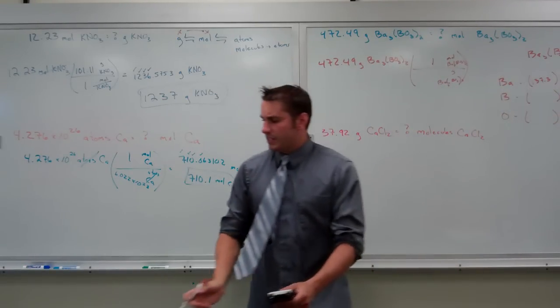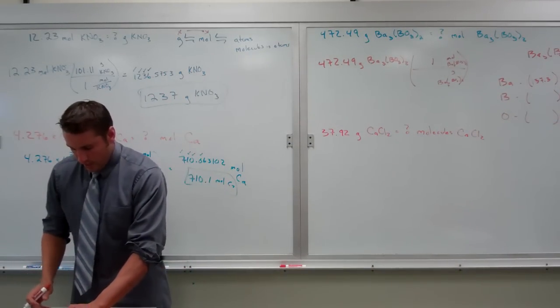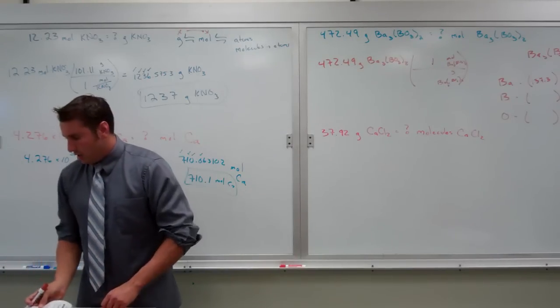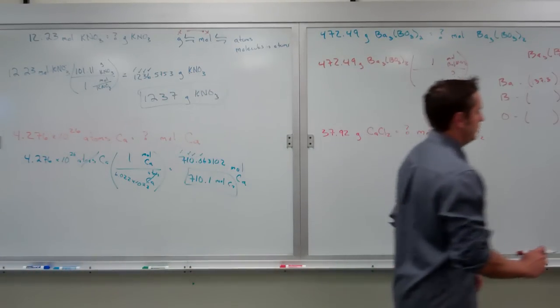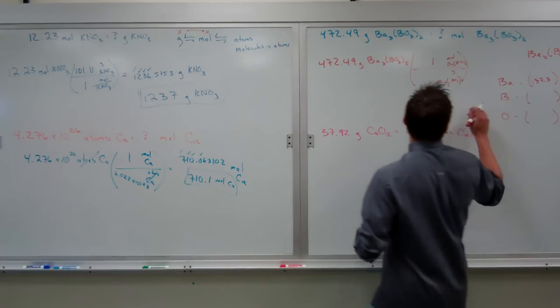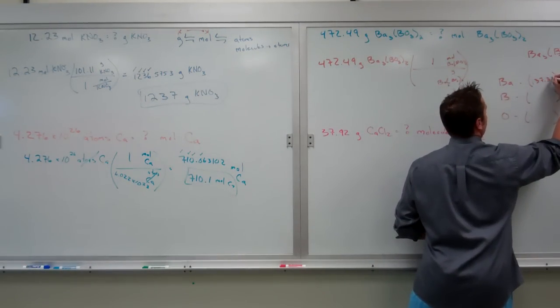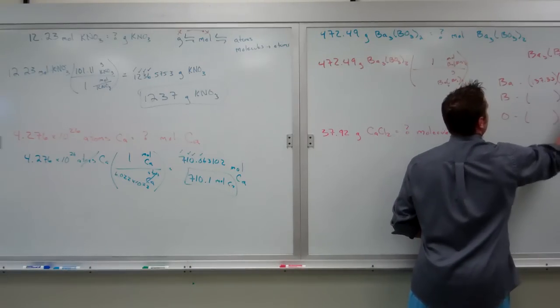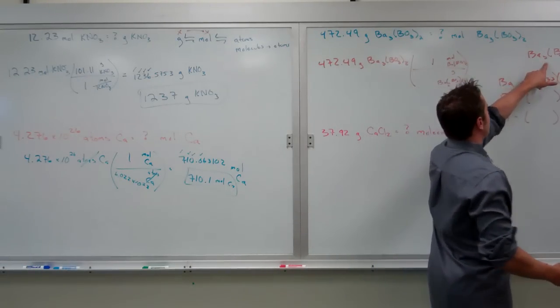To get a little more specific, let's look at a table that has it 2 places past. If I can find it. And that means it's 137.33 times the number of barium atoms, which is 3.